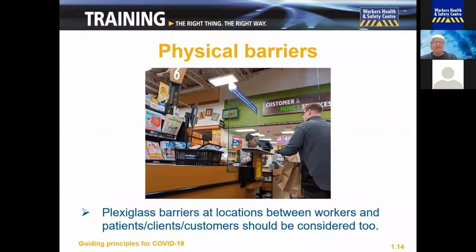Many workplaces are implementing physical barriers, such as plexiglass barriers, in places where closer contact between workers, patients, clients, and customers is required. These types of barriers should be considered as control measures.